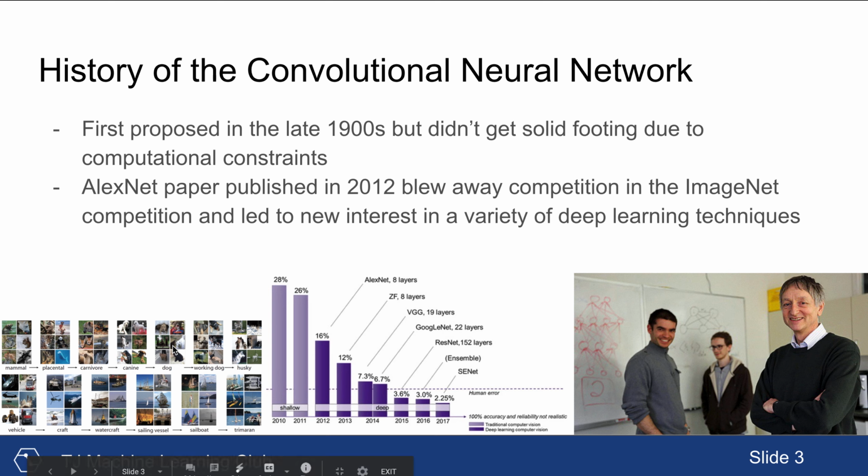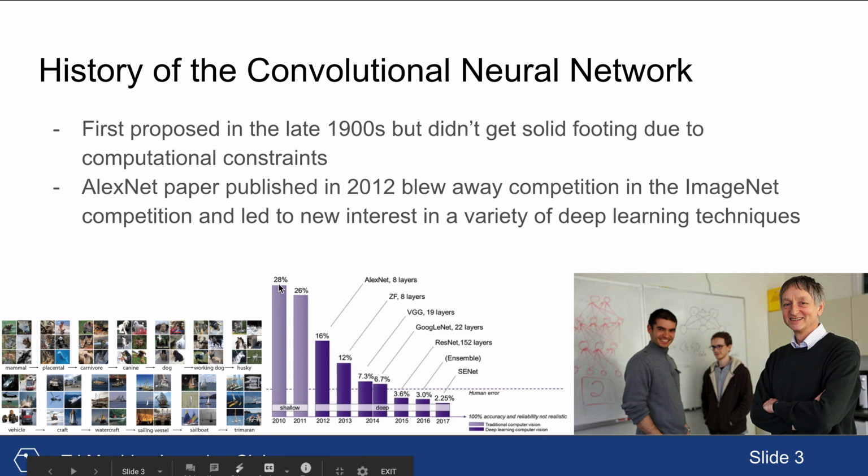People were trying a variety of approaches before that, and progress sort of stagnated. You can see in 2010 and 2011, we got 28 and then 26%, and then all of a sudden there was this huge jump down. Sorry, this is not accuracy. I think it's a measure of error, so you want less of this metric.